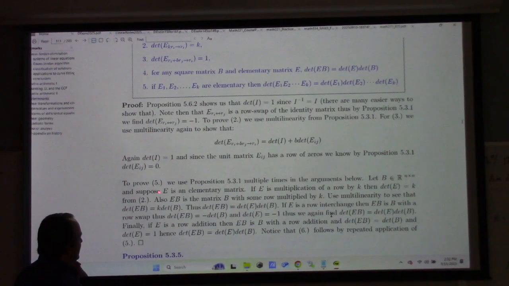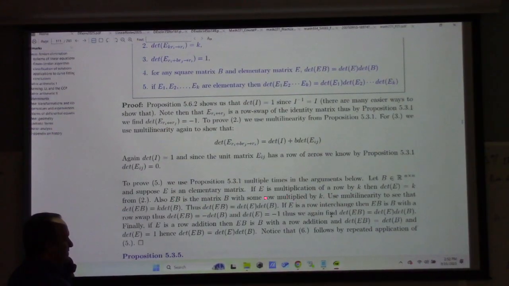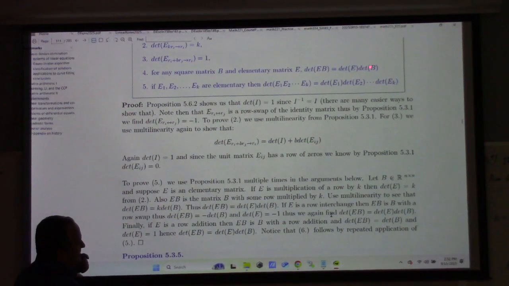So I have B as an n by n matrix, E is an elementary matrix. If E is a multiplication by K, then the determinant of E is K. And if you look at EB, what is it? EB is B with some row multiplied by K, because that's what EB does. So the determinant of EB is the determinant of B times K. So the determinant of EB is the determinant of E times the determinant of B in that case.